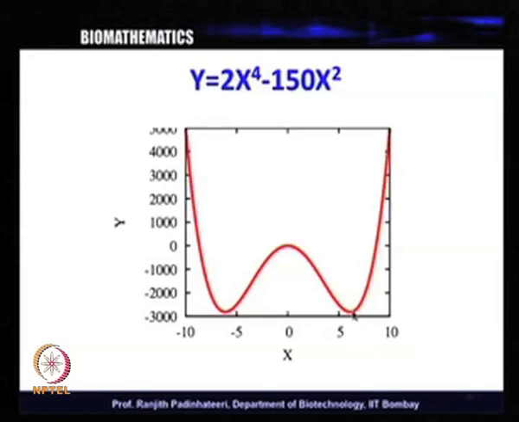So, essentially what we learned today is that whenever you have a curve which has extrema, maxima and minima, or many maxima and minima, you find the derivative and equate it to 0, and you will get the points of extrema, the points of maxima and minima.